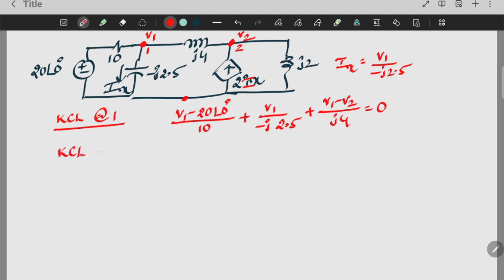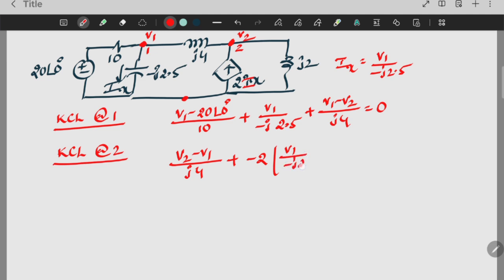Now we'll take KCL at node 2. That is V2 minus V1 by j4. This is the amount of current passing through this j4. Then here 2 times Ix is entering into the node. I need to make it leaving, for that, minus 2 times Ix. What is Ix?